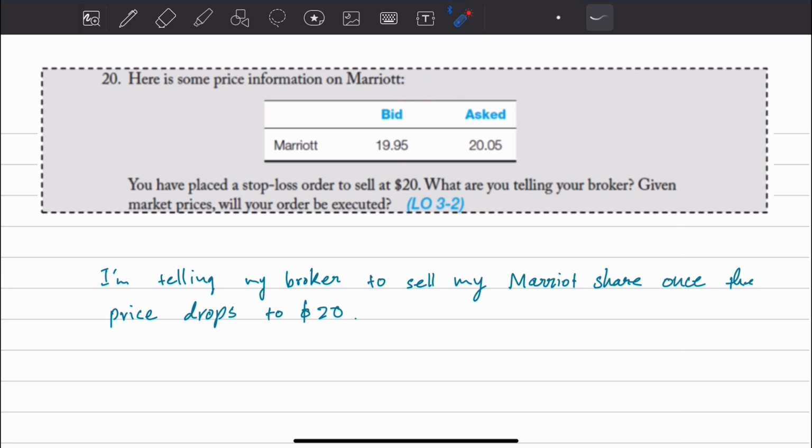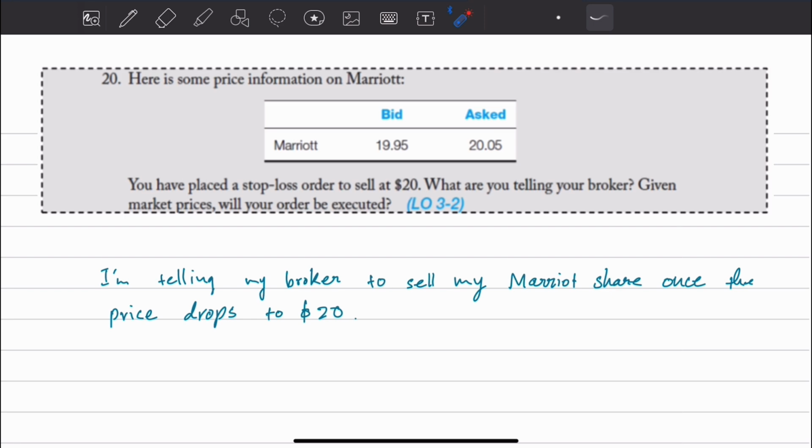And even though there's no bid for $20, which my broker should be looking for to execute my order, you could say that there is no bid order for $20, so the trade will not be executed. But the other side to this is that for a stop loss order, once the market price drops to the specified price for the stop loss order, it turns into a market order, sorry.